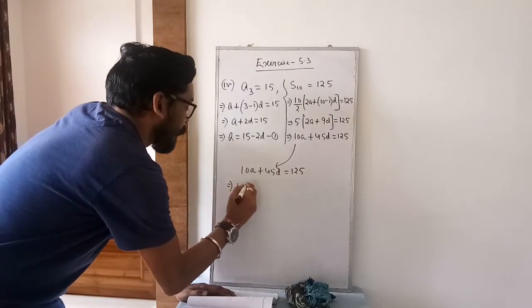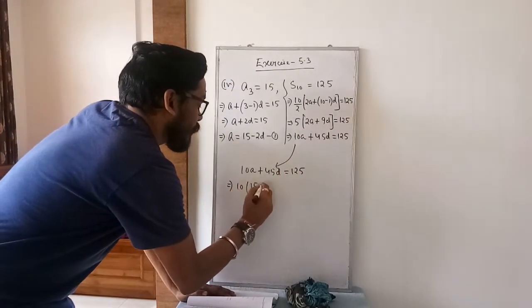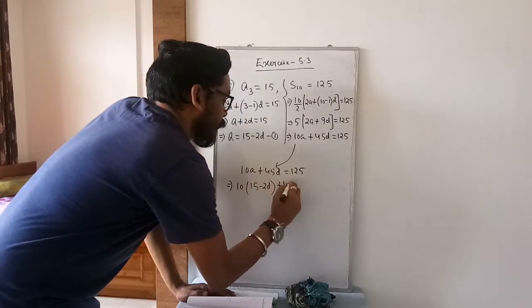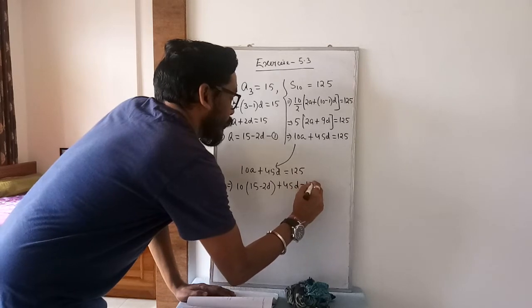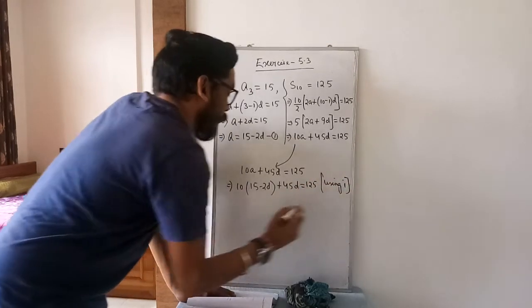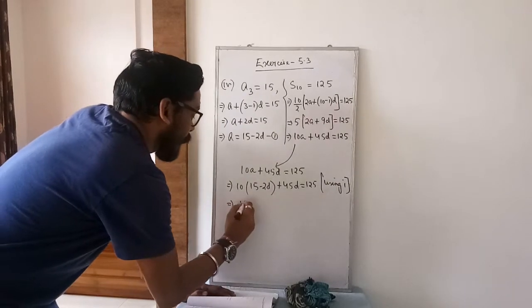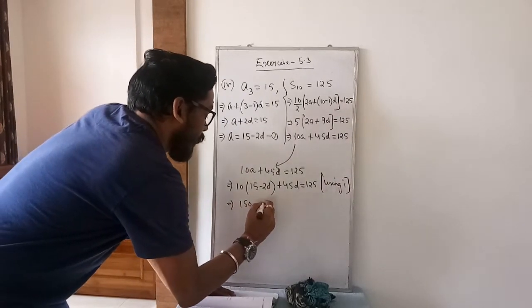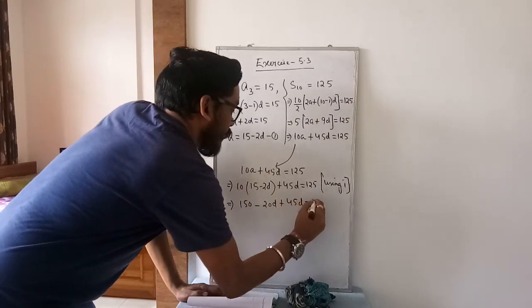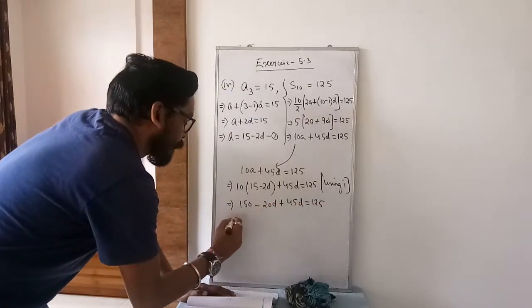In place of A, what can you substitute? 10 into (15 minus 2d) plus 45d equal to 125. So let me multiply. It is 150 minus 20d plus 45d equals 125.